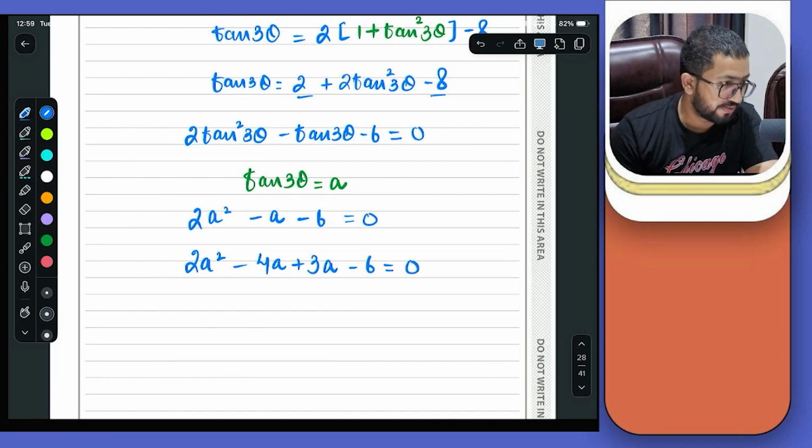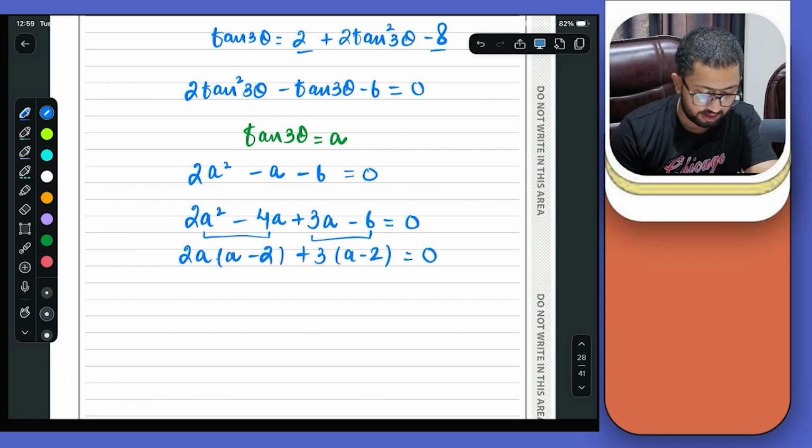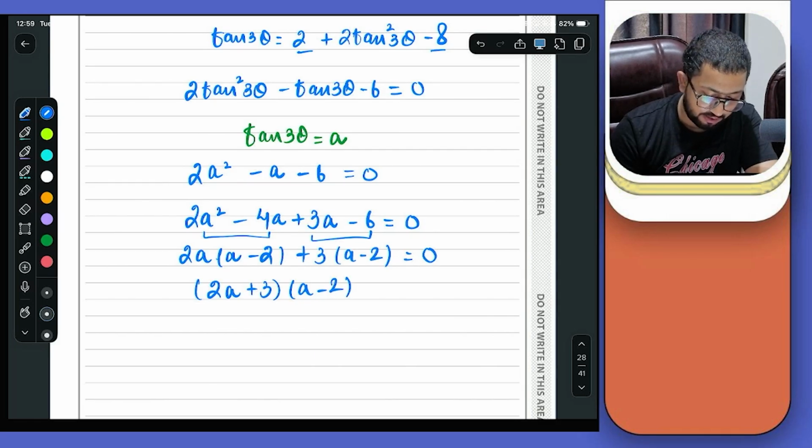If you don't want to factor, obviously you can apply the quadratic formula. Simple. So take 2a common from the first two terms: a minus 2, take 3 common, a minus 2. You have to show your working during the exam. If you don't show this working, you will not get full marks actually.